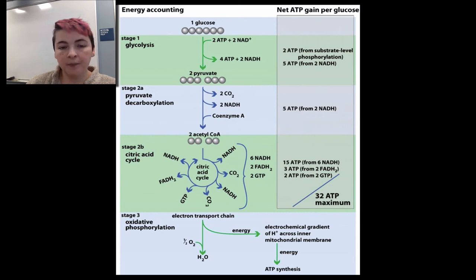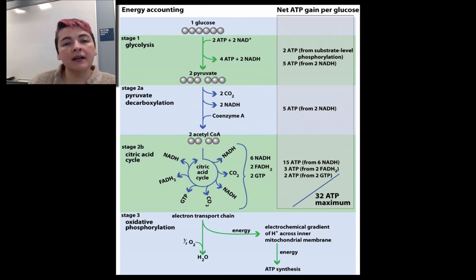The pyruvate decarboxylation, or the pyruvate oxidation, gives us 5 ATP from the 2 NADH that it forms. Our citric acid cycle directly gives us 2 ATP, but then from the FADH2 and the NADH that are formed, we get 18 total. If we add all these numbers up, it comes up to 32 ATP.